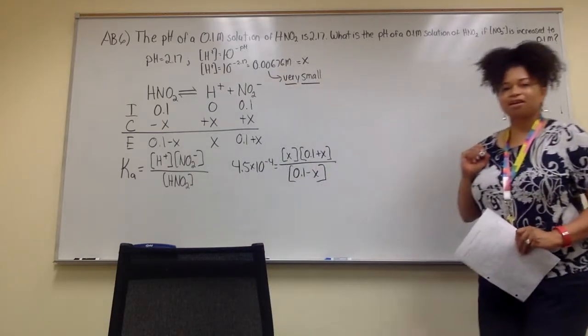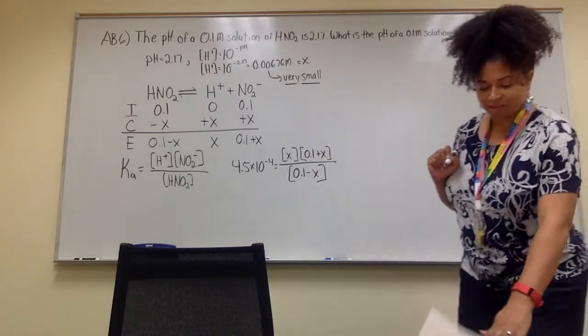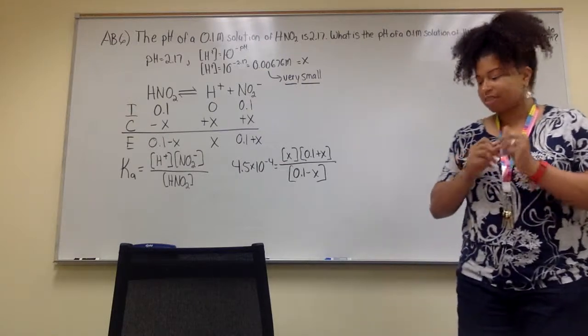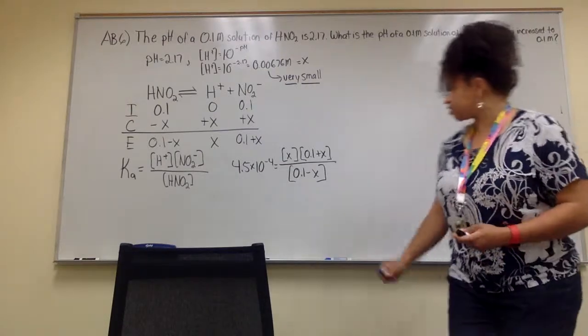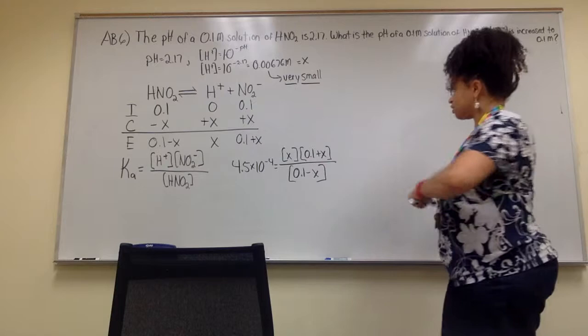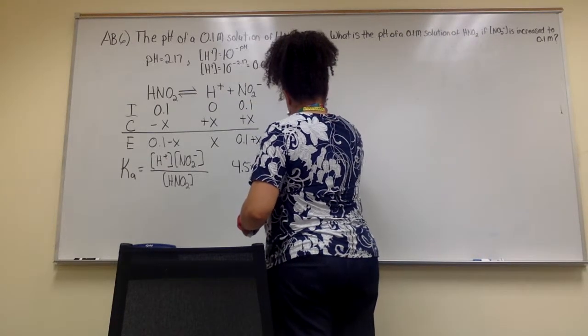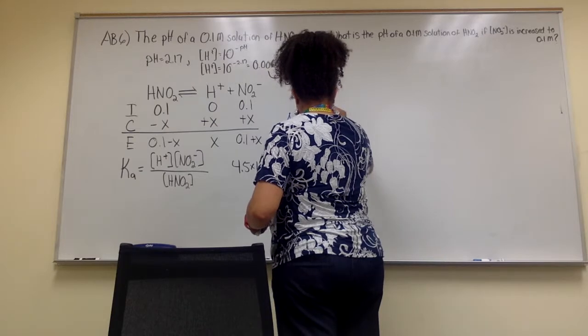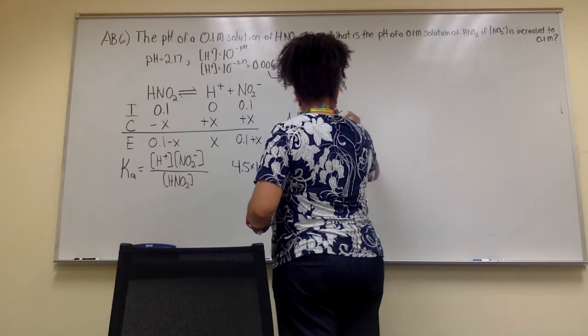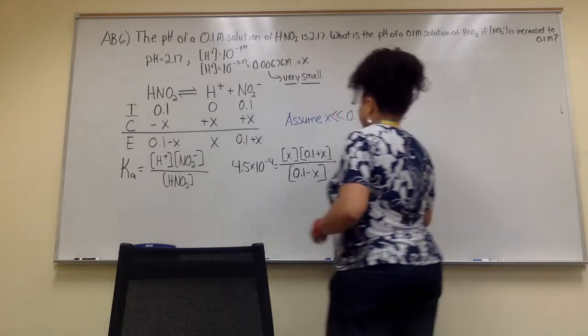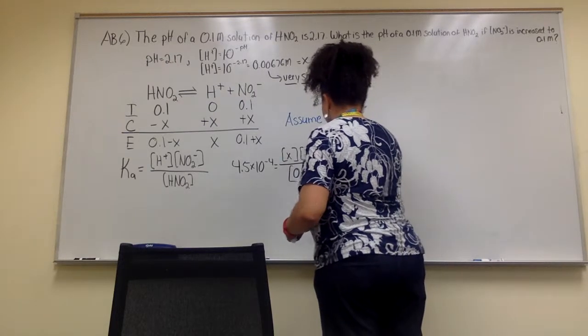But we can make some approximations, right? Again, we're now assuming once again that this x is going to be way smaller than 0.1. So that's going to make these go away.